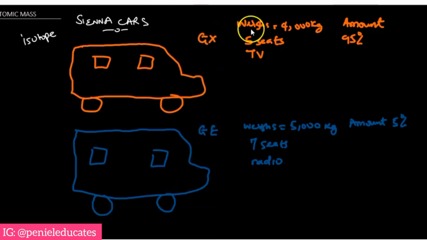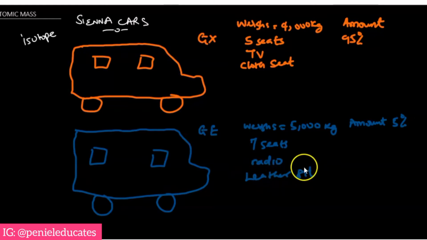Now let's assume that this particular one weighs 4,000 kilograms. It has 5 seats. Let's say this one has a cloth seat, then we have this one, maybe it has a leather seat.